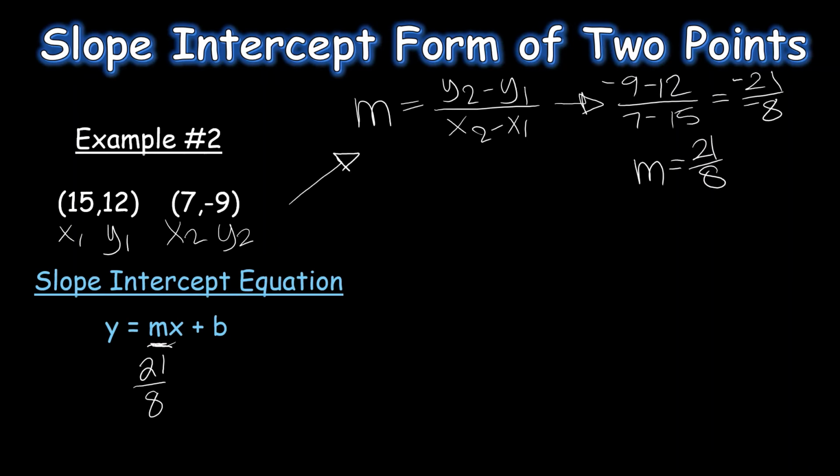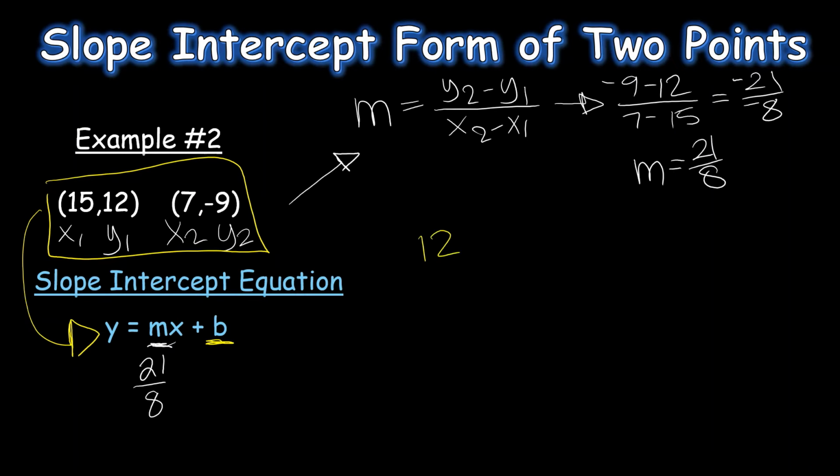Again, we can pick one of these given points and plug it in to our slope-intercept equation to find our b value. I'm going to use the first point, (15, 12). So our y value is 12 equals, and our slope is going to be 21 over 8. Our x value is 15, and then plus b. So we do 21 over 8 times 15, and we get 315 over 8.